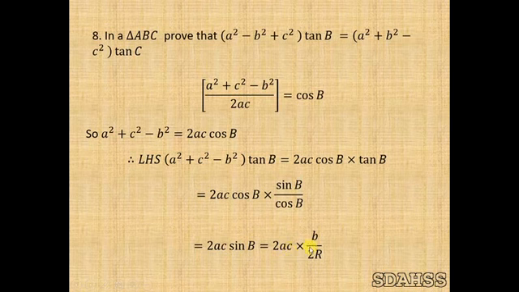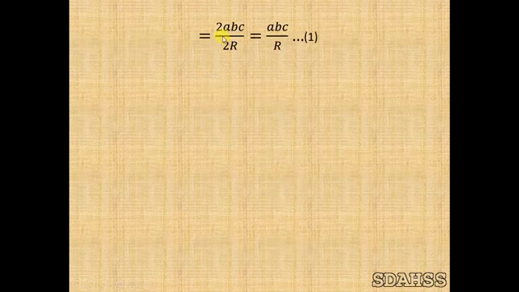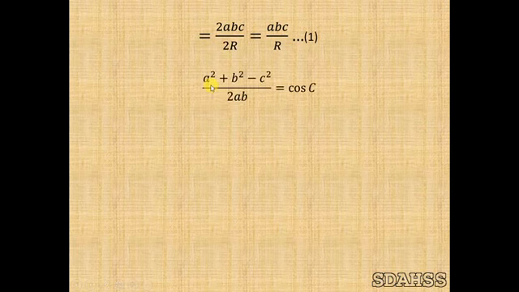Sin B we can write b by 2R, which is equal to 2ac by 2R. 2 cancels, so remaining abc by R. Mark it as first equation.